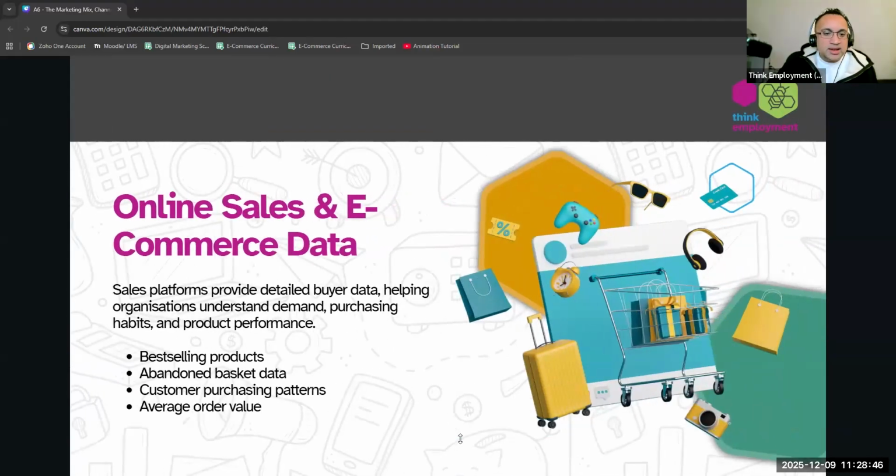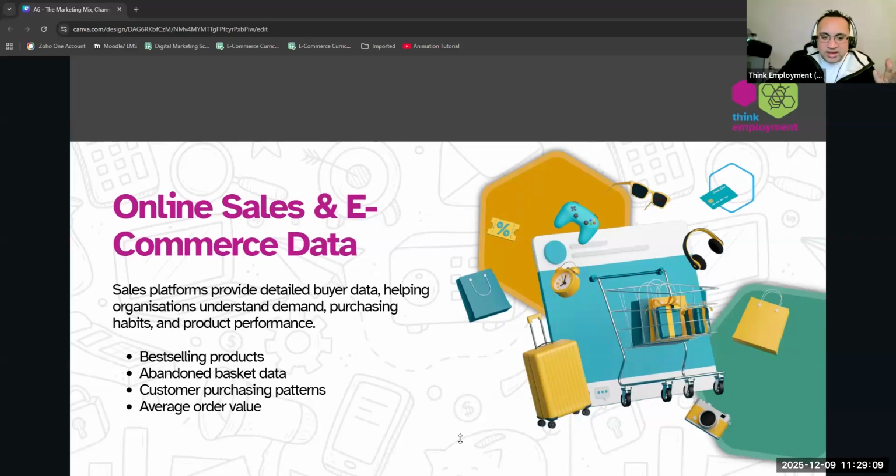Next one is online sales and e-commerce data. Every purchase creates data: what was bought, when, by whom, and how often. So who is your customer? When did they buy? And how often are they buying? All of that information will be on your Shopify site, or on your TikTok e-commerce part, your TikTok Shop.